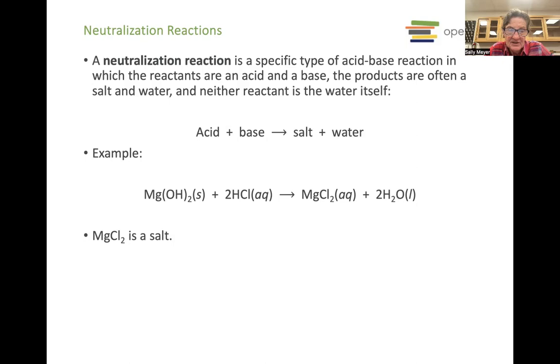For example, you take magnesium hydroxide as a solid, you put it into a solution that has hydrochloric acid in it, and a reaction will take place where the OH- that came off of the magnesium hydroxide can react with the H+ that came off of the HCl, and that will be neutralized and make water. What's left behind are the cation Mg2+ and Cl-. So that magnesium chloride is called a salt. So you get salt and water.